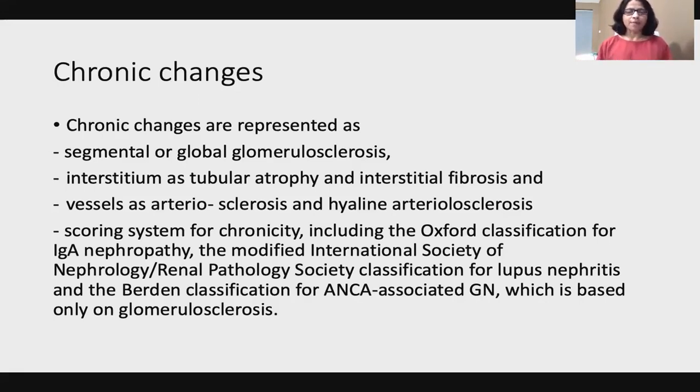Next, the chronic damage we look at is in the tubules. How much tubular atrophy there is, and in the interstitium, how much interstitial fibrosis there is.